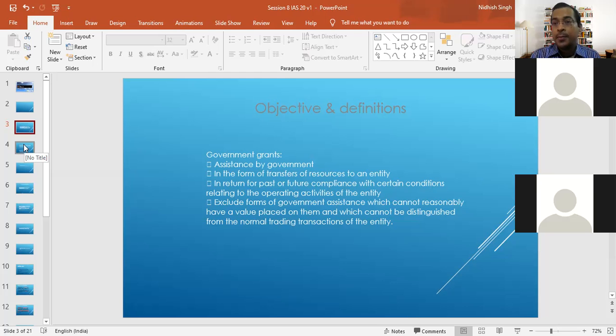You might not have that much capital. Government will say, okay, fine, I will provide you 1 acre of land, and you need to put a ceiling on the fees, and also 50% of the seats in your school will be reserved for socially weak people. Okay. So do you see the grant here? Yes, government's grant.